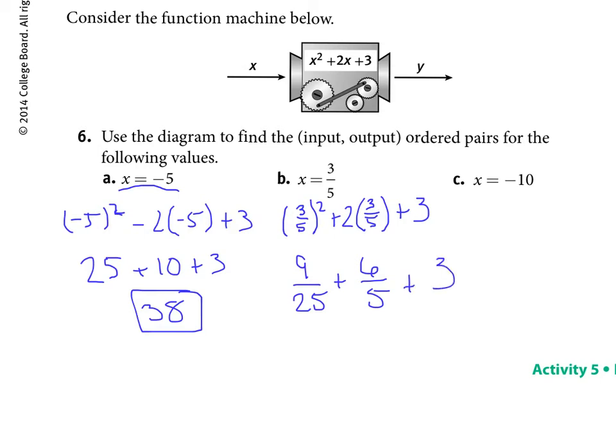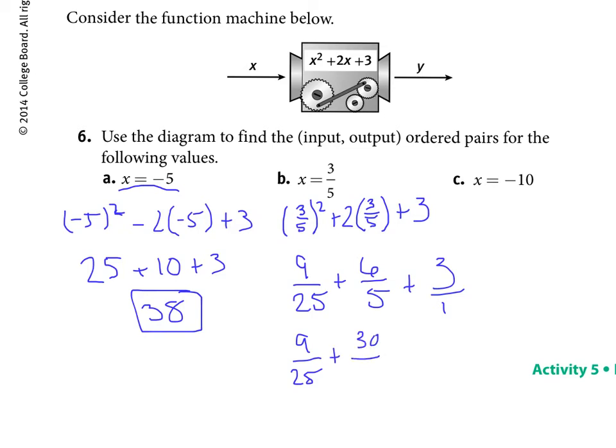Well, we got a bunch of fractions here, and I'm going to go back to middle school, or maybe elementary school, and say that in order to add all these, they need to have a common denominator. What's the common denominator? Well, looks like it's 25. This is 3/1. So what do I need to multiply by? Well, the first one is already done, because it already has a 25 as a denominator. But the second one, I need to multiply both sides by 5. So I have 9/25, and I multiply the top times 5, I get 30.